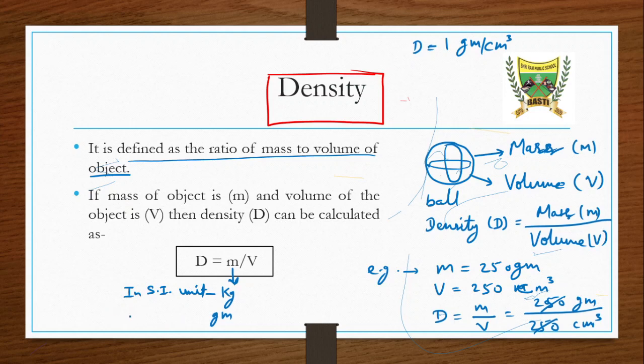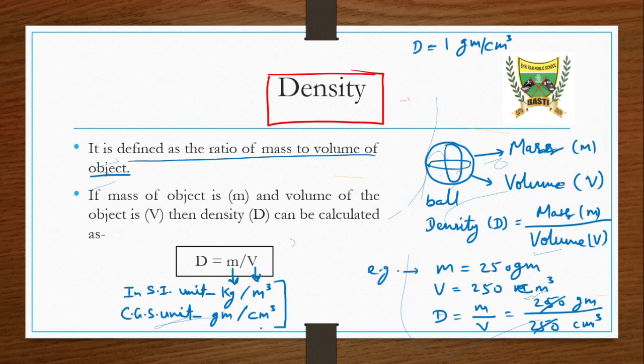And in the CGS system, which we will study later, it is gram. Volume is measured in meter cube, and in the CGS system in centimeter cube.